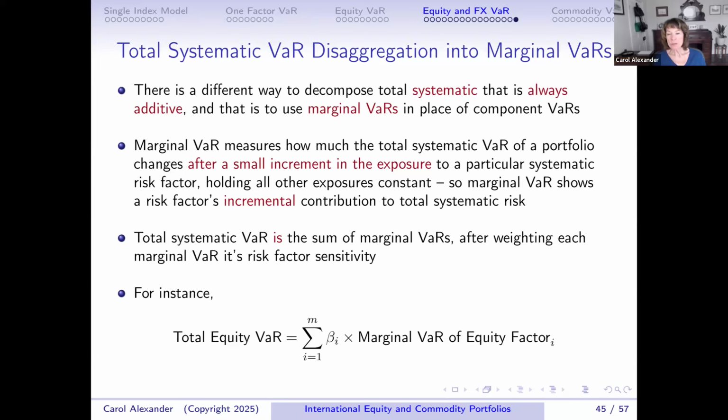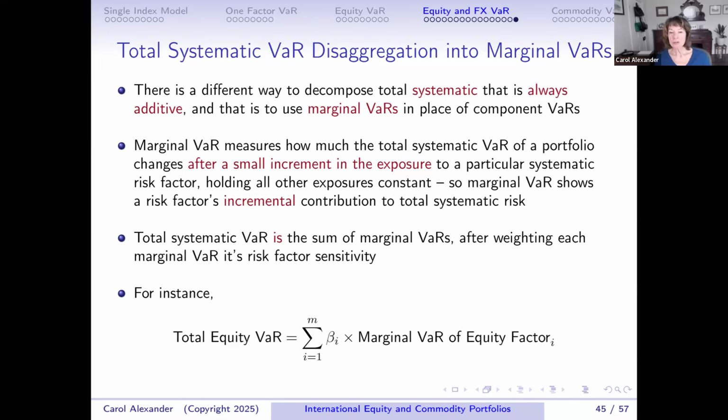So a small increment in the exposure to a particular risk factor. All the other exposures are constant. So for example, you might bump up the amount of money just a little bit. Instead of $5 million, you might put $5.1 million, or a bit less than that, $5.01 million into the UK portfolio, and then you see how much VaR changes.